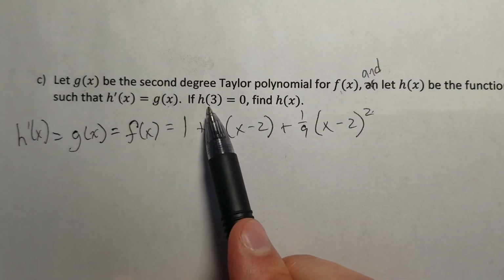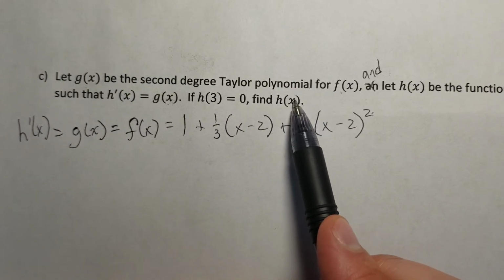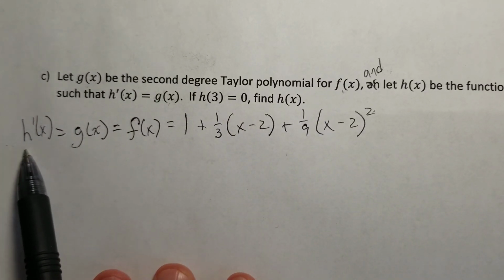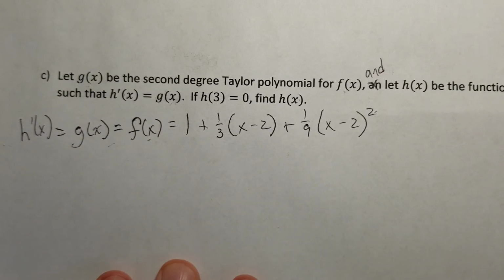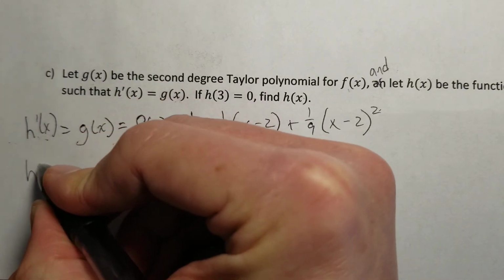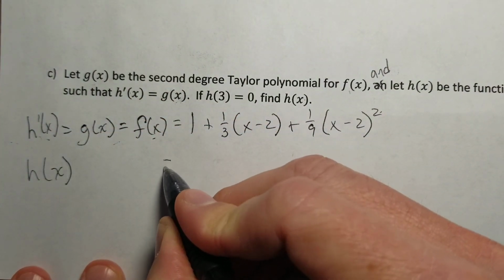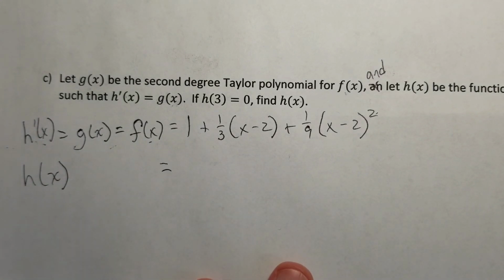Now, if h of 3, original function for h, equals 0, find h of x. Well, h prime, which is g, which is f, of this polynomial, we want to antiderive h. So I want h of x equals, and I want to just take the antiderivative of this.